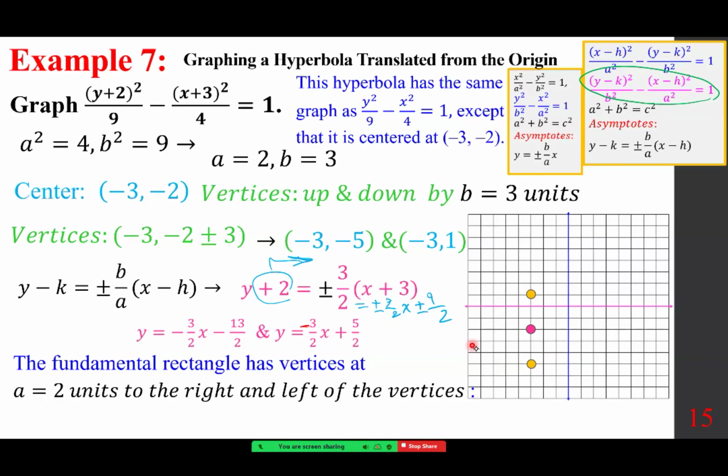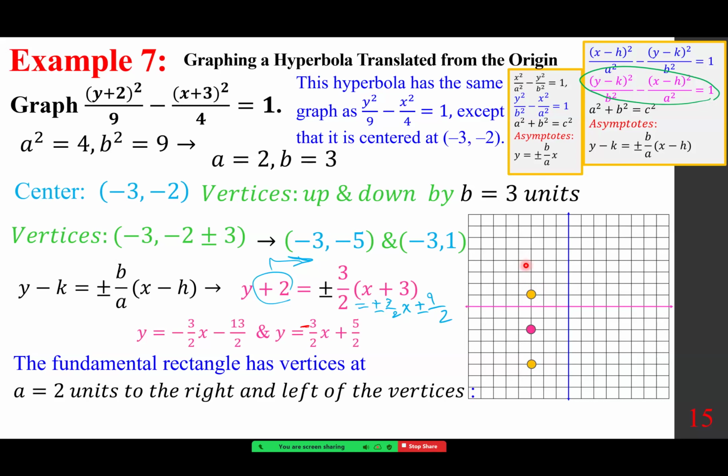For the sake of argument, if you look at this one, -3, -5, if I go to the right by a units, it gives me this point, -1, -5.